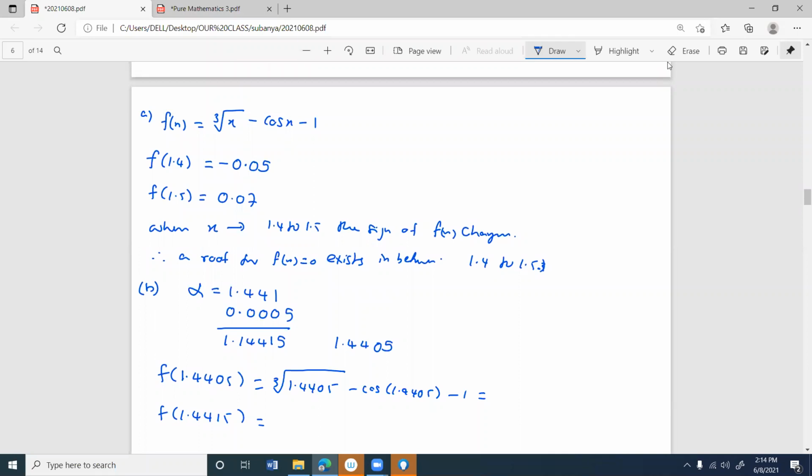That is minus 5.5 times 10 to the power minus 4, which is minus 0.00055. Then if I put 1.4415, let's see what the answer is.